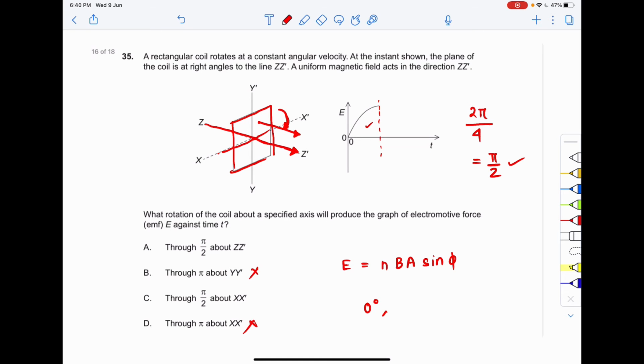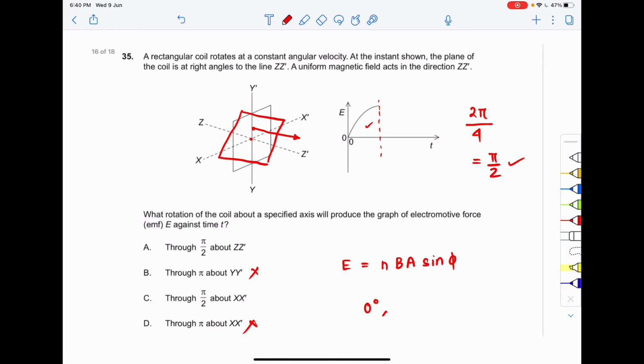Now when it is rotated, after some time it will be rotated like this along the ZZ plane. After some time the area vector will be in the ZZ direction again. Why?